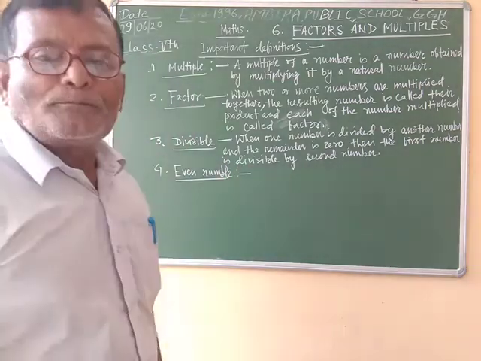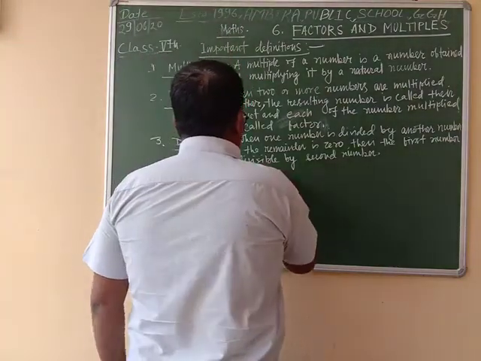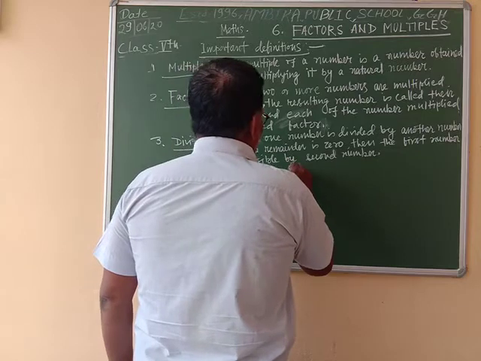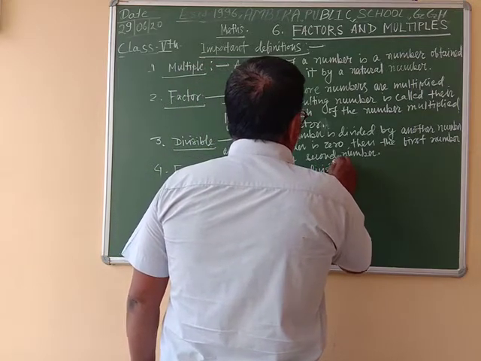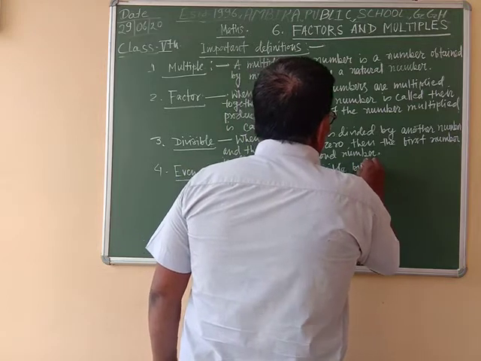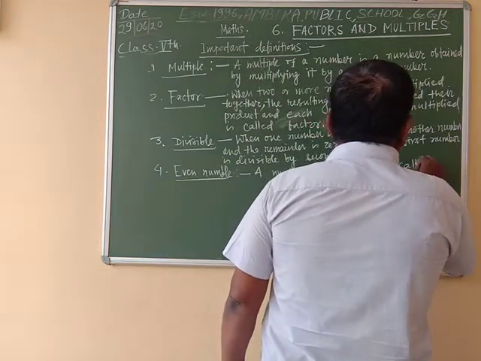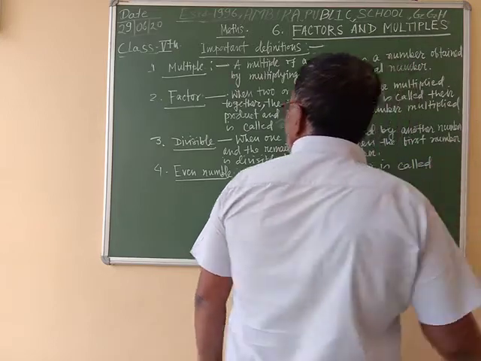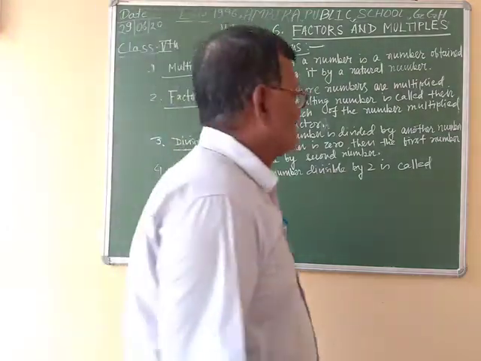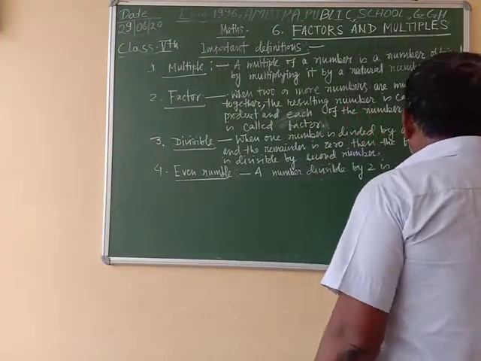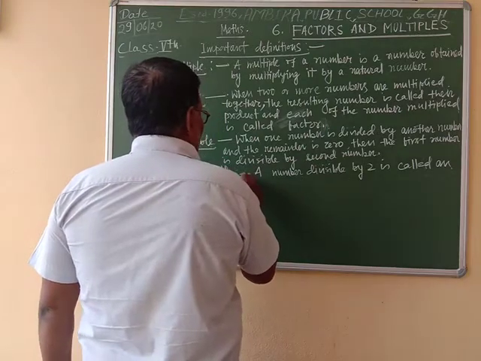A number divisible by 2 is called an even number.